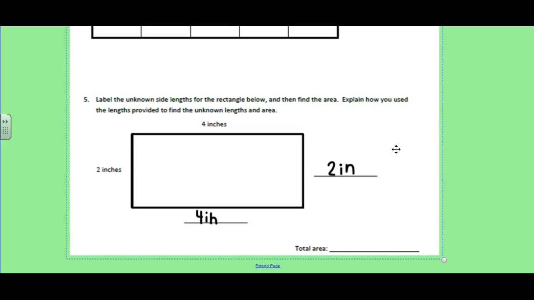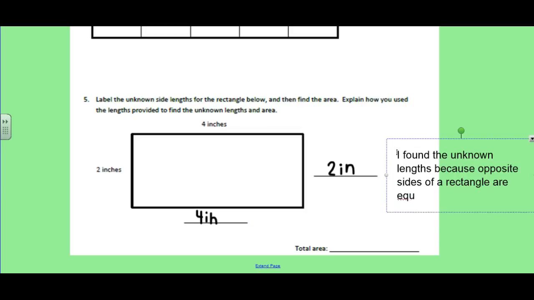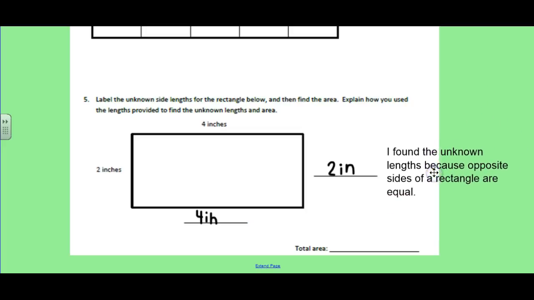So over here to the side, I found the unknown lengths because opposite sides of a rectangle are equal. And I always want you to remember that. Opposite sides of a rectangle are equal, so that's how we were able to find these unknown numbers.